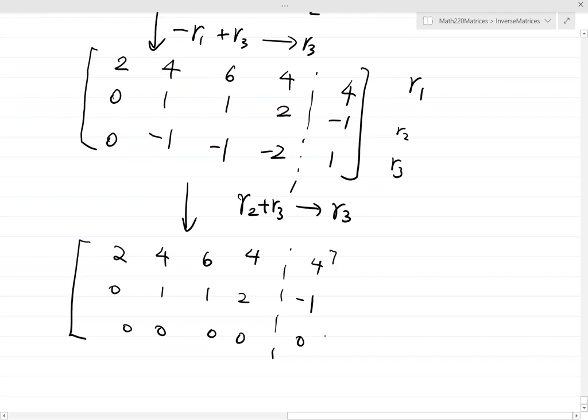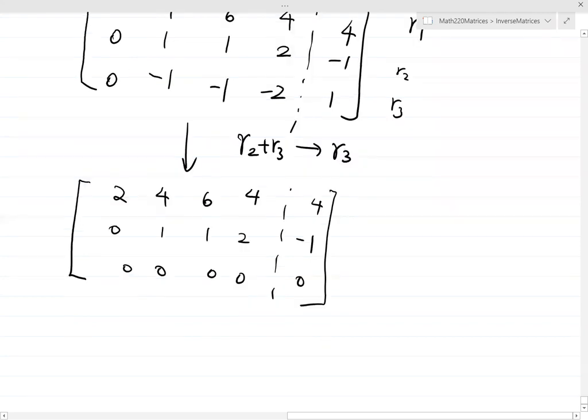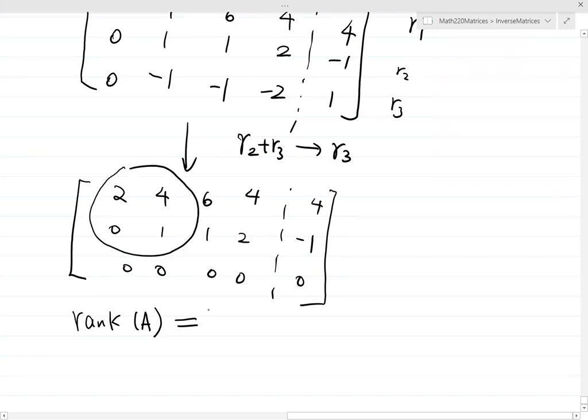Okay. So you see, the rank of A is actually from the first two rows. You see, rank A is actually 2.